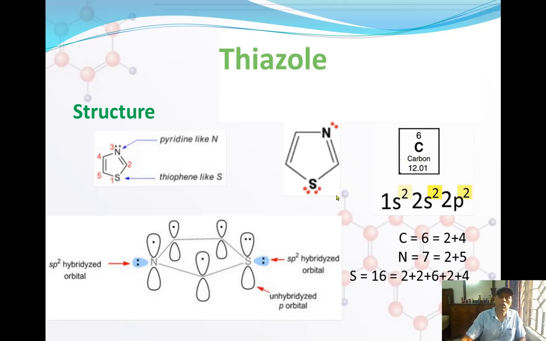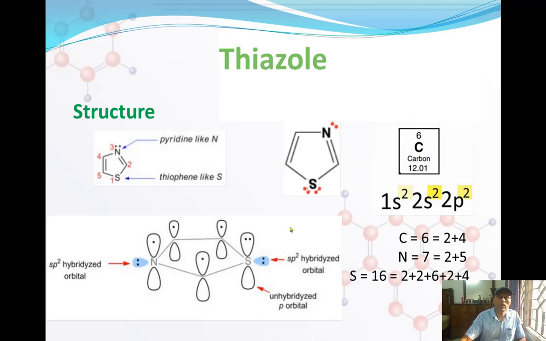Now the sp2 hybridized orbitals of carbon are going to form sigma bonds with the other atoms. Let's consider the carbon at position number 2. That is going to form one sigma bond with the sulfur, one sigma bond with the nitrogen, and one more sigma bond with the hydrogen. Hydrogen is not shown here. So three sp2 hybrid orbitals are utilized here, right? The remaining one is an unhybridized p orbital.